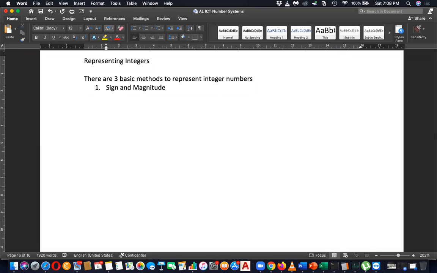Basically, when there are integers, there are two kinds of integers. One is positive integers.